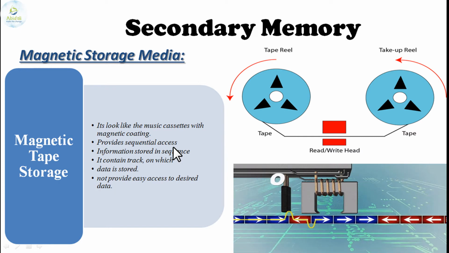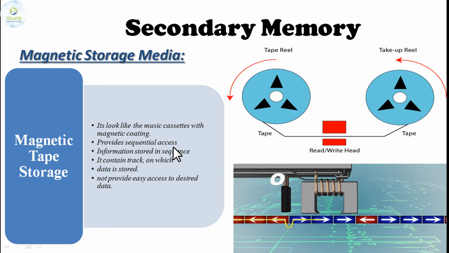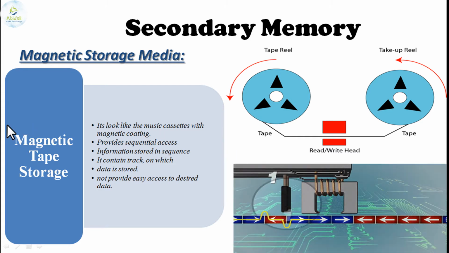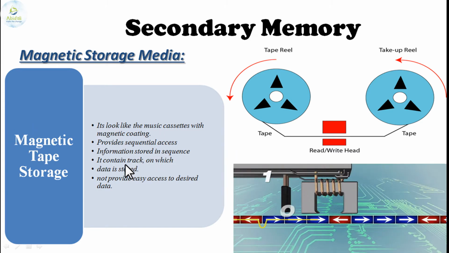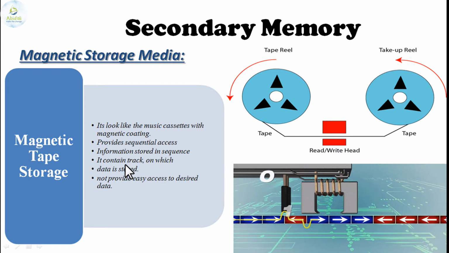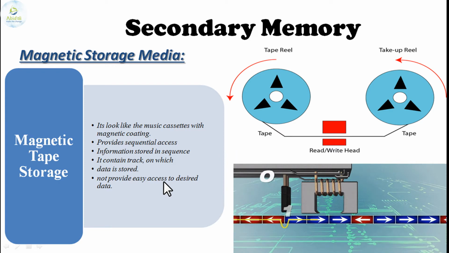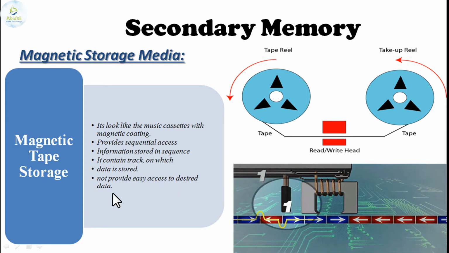That is called sequential and random access. In sequential, it is one after another; in random, you can jump to any location. So the information is stored sequentially in magnetic storage devices. It does not provide ease of access to desired data at the desired place.